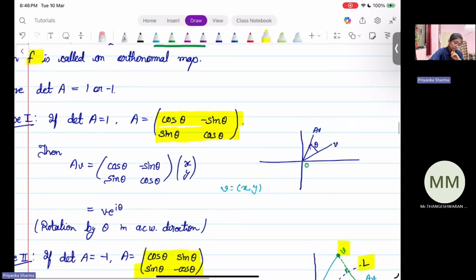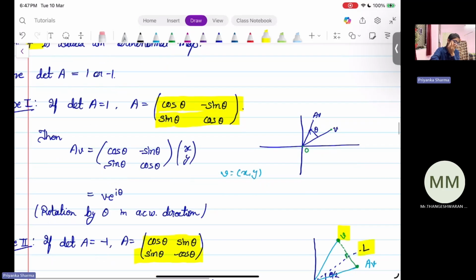In the case of rotation, we can simply consider what theta is. Actually, this theta is like this: we join the point v, whose rotated image we want to find, to the origin, and then the anti-clockwise rotation gives us the angle theta, which is represented in the matrix.